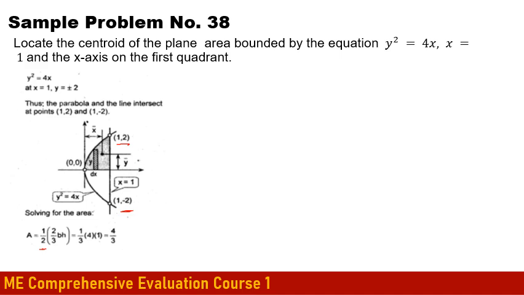The base is equal to 4 because from point to point it is 4, and the distance from this base here is 1. This height here is 1, and this base is 4. That's why we have here 4 and 1. So the area is 4 over 3.